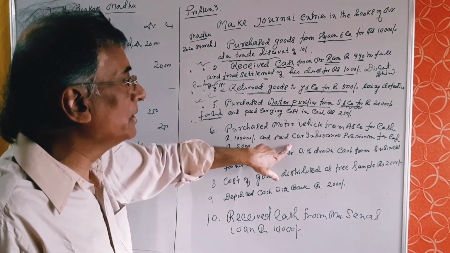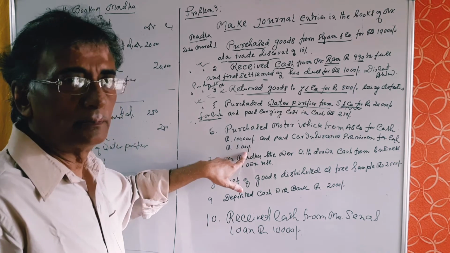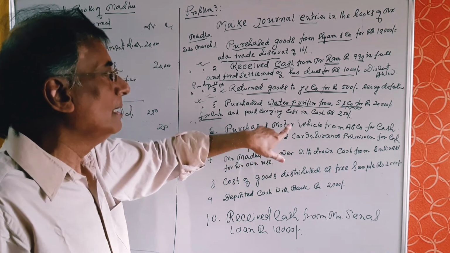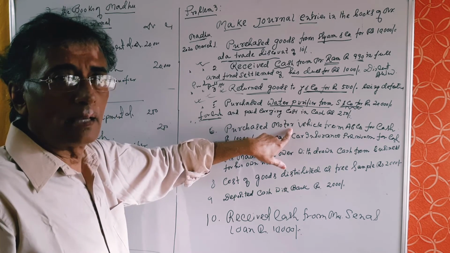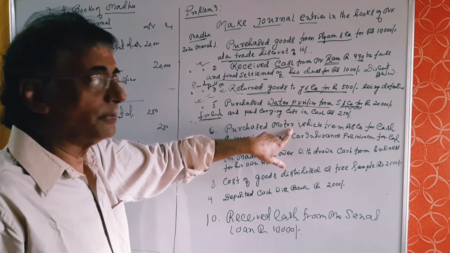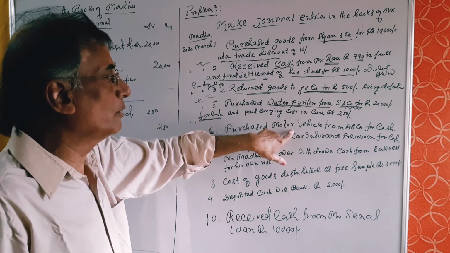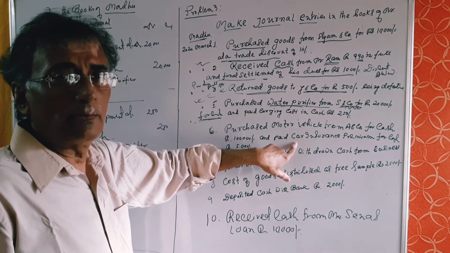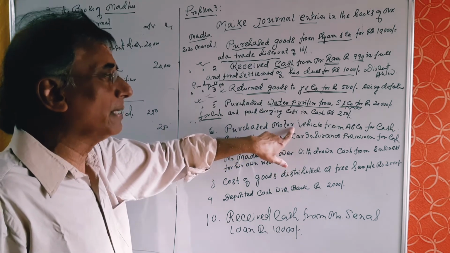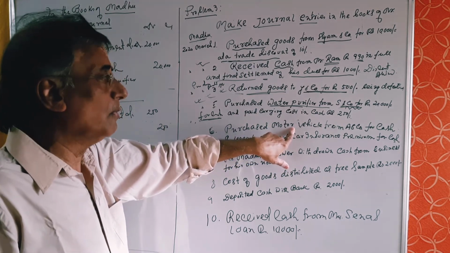And paid car insurance premium for cash is 5,000. Car insurance premium is part and parcel of the purchase of motor vehicle at the time of initial purchase, before putting the motor vehicle on the road. So it is to be capitalized. Though it is a revenue expenditure, it should be capitalized at the time of purchase of motor vehicle.